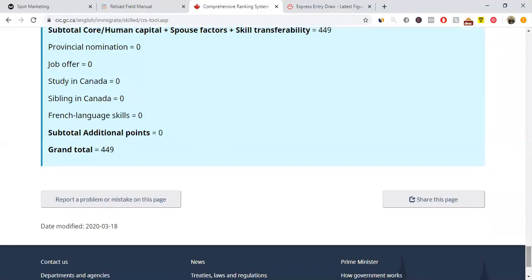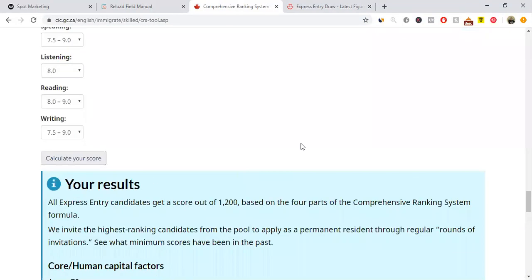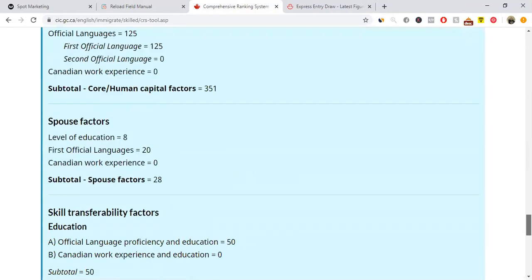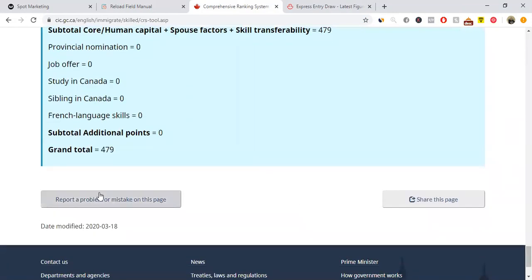Let's check if there's really any change here before we make another change. So when I come back here, now you can see 479. So the score went up again from 449 to 479.